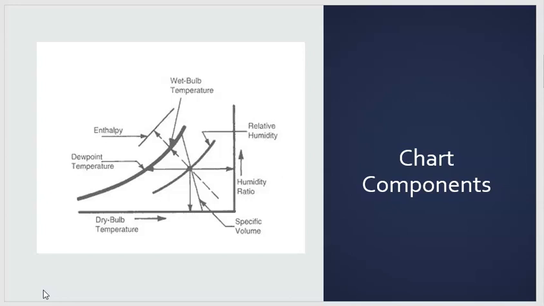And then the difference between the two lines determines how much humidity there is. So if the air is really dry, the wet bulb temperature will be a lot lower than the air temperature of the room. When it's high humidity, the two temperatures will be the same. You don't want the two temperatures to be the same. If that is the case, then you have to dehumidify the space.